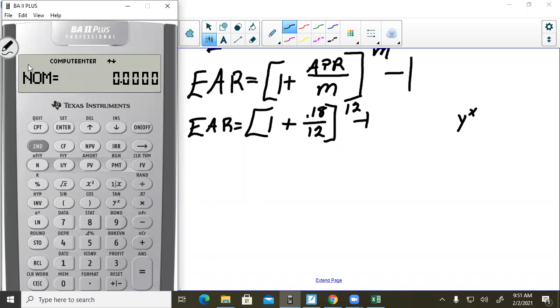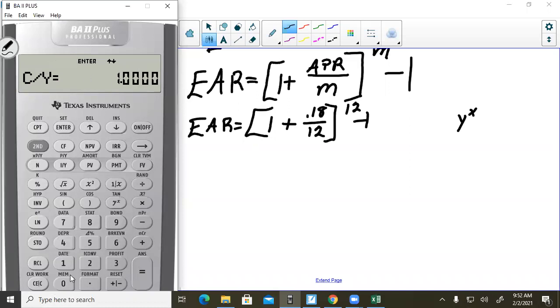Okay. Notice this says nominal rate. So what was our nominal rate? Our nominal rate is our APR, or the stated rate. So in this case for Malcolm, it was 18%. So I'm going to do 18 and enter. Okay. I'm going to use my toggle buttons here, and you can go either way, up or down, doesn't matter.